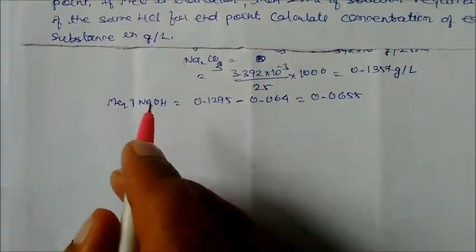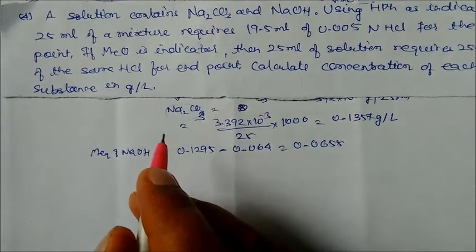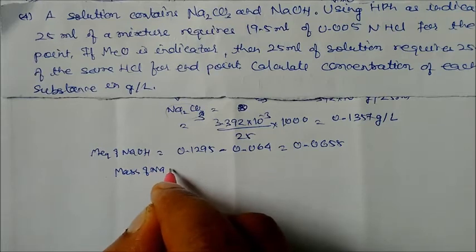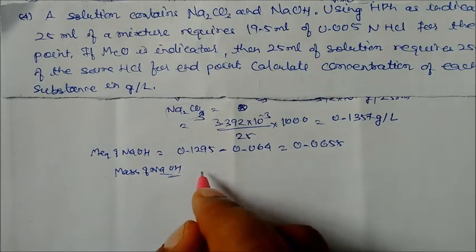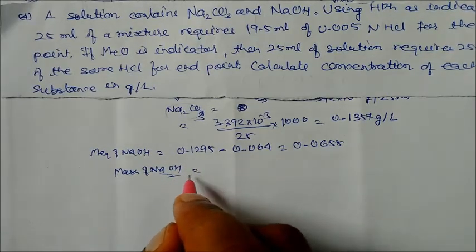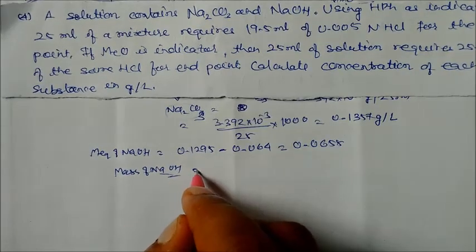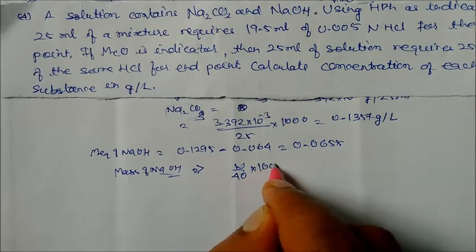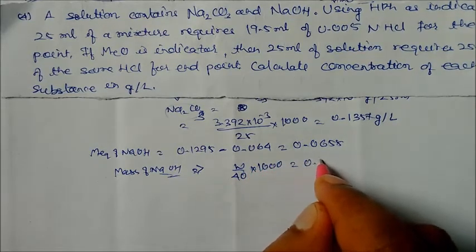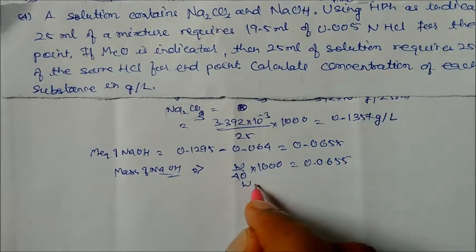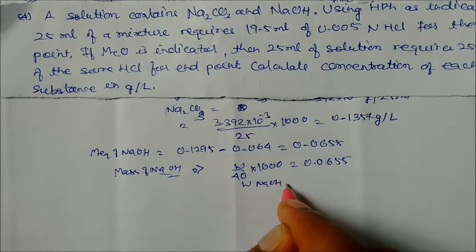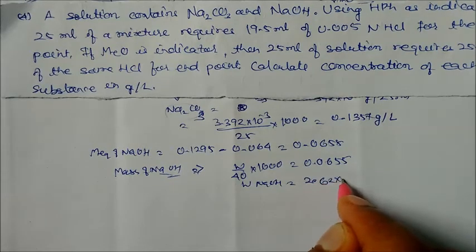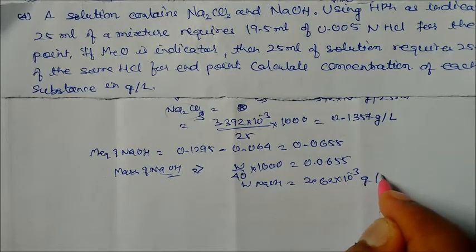Now we can see the strength of sodium hydroxide. What will be the strength of sodium hydroxide? Here the mass of sodium hydroxide: weight by 40 into 1000 is equal to 0.0655. So the weight of sodium hydroxide will be 2.62 into 10 power minus 3 gram per 25 ml.